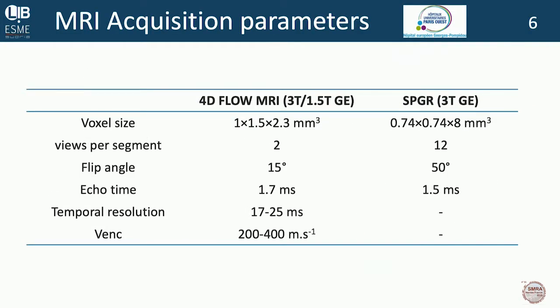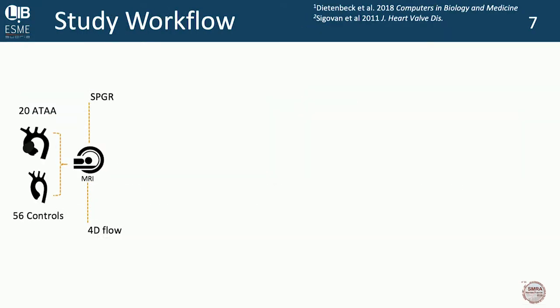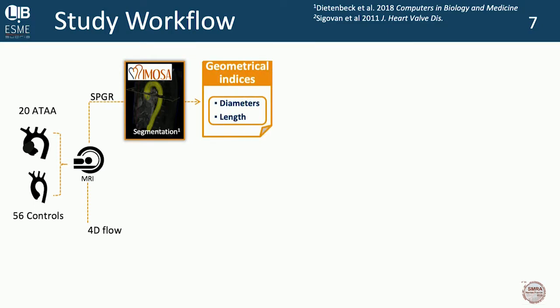Briefly, all our patients underwent a 4D flow MRI as well as a SPGR MRI, and you can see here the acquisition parameters. So what was our study workflow? We used the SPGR data, which have a good anatomical resolution, to compute some geometrical indices, like diameter.